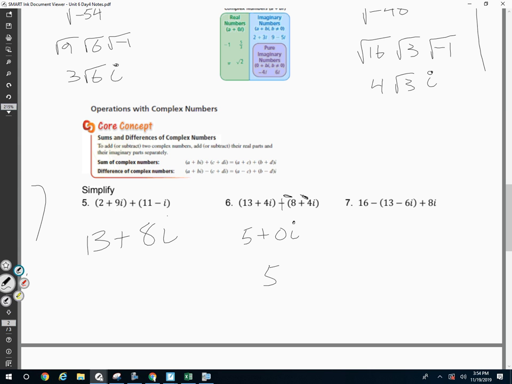You're not the only one. There's others. Add the opposite. This is 3, yeah, most of you got that. But this is a positive 6i plus an 8i. This is 14i's. Come on! This is just a review of like terms. That's it. Nothing new.